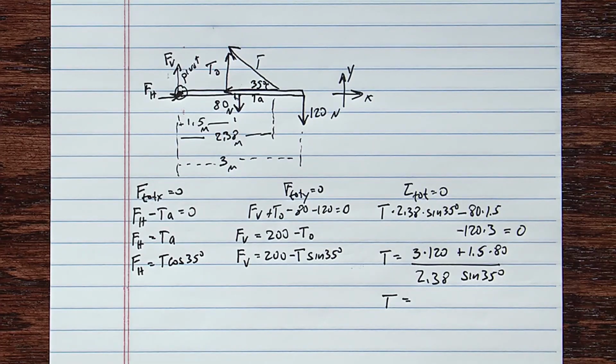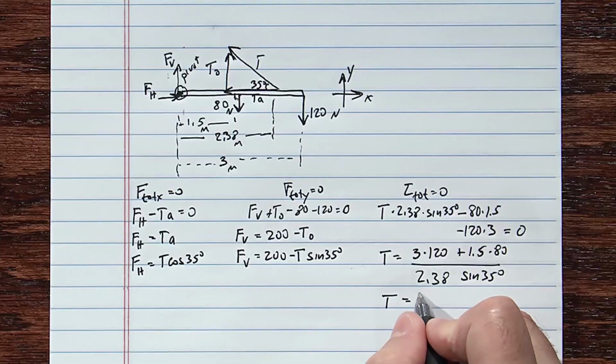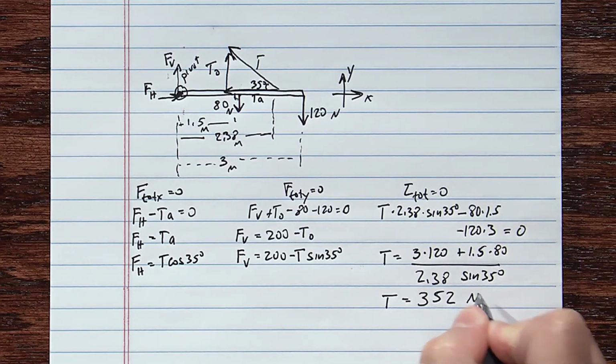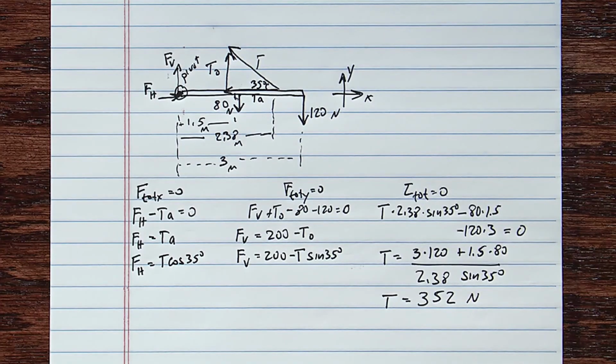Which gives us a tension of, let's see, 3 times 120 plus 1.5 times 80 divided by 2.38 times sine of 35 degrees. And that gives us 352 newtons of tension. So the tension in the cable is 352 newtons.